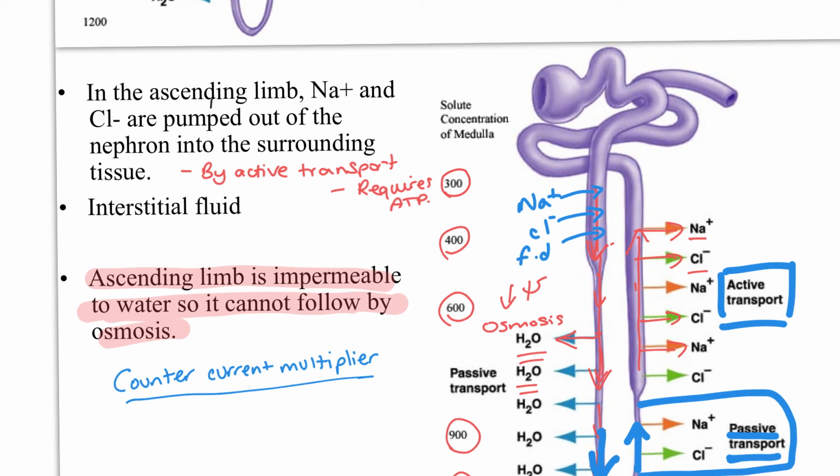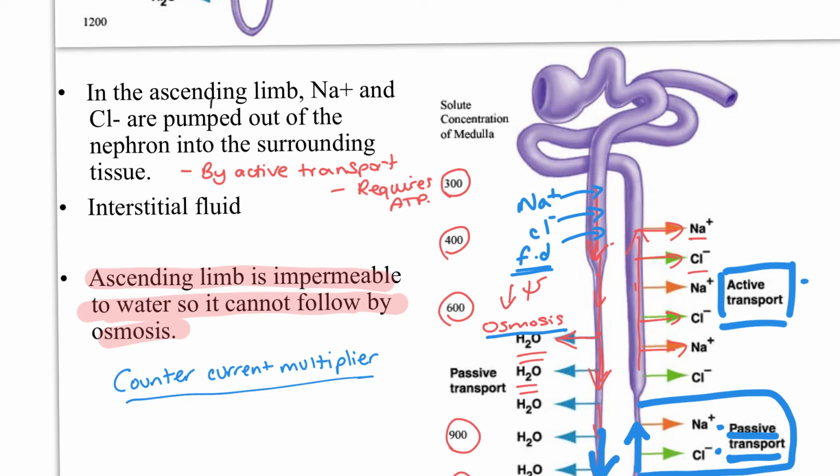So in the descending limb, there's two things that we're interested in: the osmosis of water out and a little tiny bit of facilitated diffusion of sodium and chloride ions in. And on the ascending limb, we are interested in a little tiny bit of passive transport of our sodium and chloride ions, and mostly the active transport of our sodium and chloride ions out of the ascending limb.